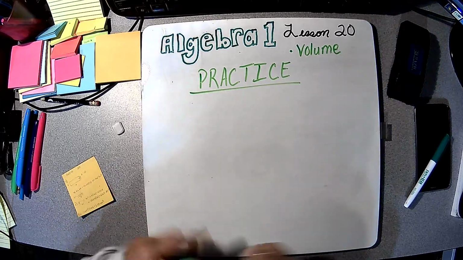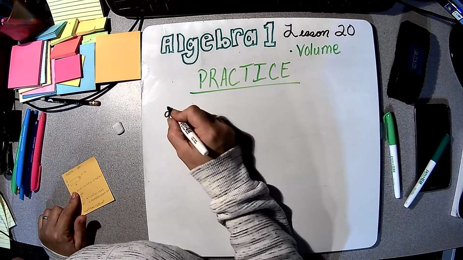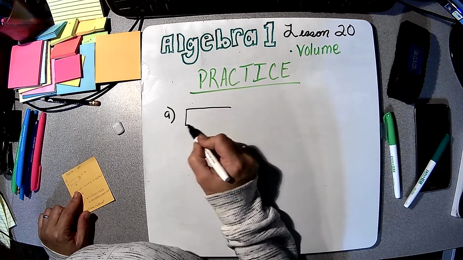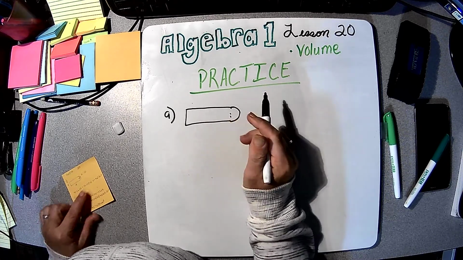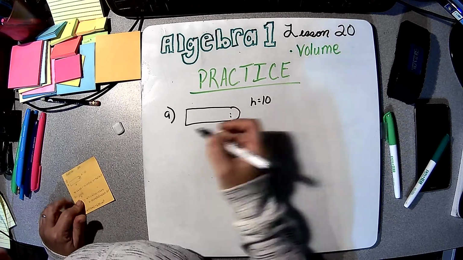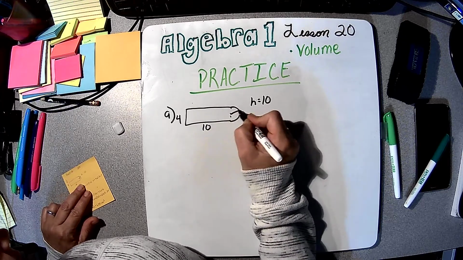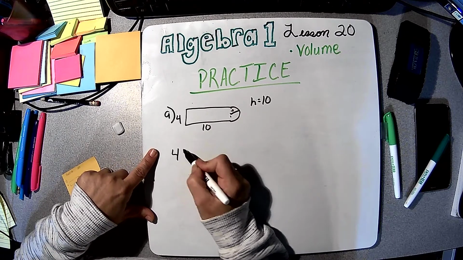All right, practice problems. A. This gives us a figure that looks like that. Has a rounded end, and it tells us the height is 10. And this is 4, and this is 10, and this is 2. Okay, so first we're going to say 10 times 4 is 40. That's easy.